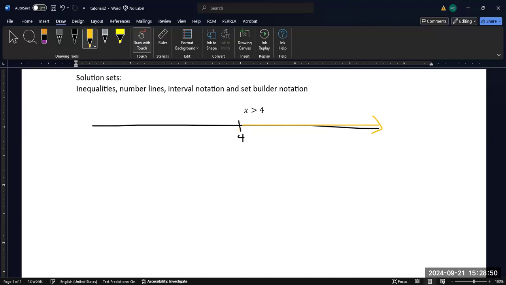Now, the older way, the way that meshes with the way piecewise functions are graphed, is to draw an open circle at the end if the 4 is not included, if there's no equal sign on your inequality, and then to draw a closed circle filled in to indicate that it is included if there is an equal sign here. So we'll do an example of that in a second, but here there's no equal sign, so 4 is not included.